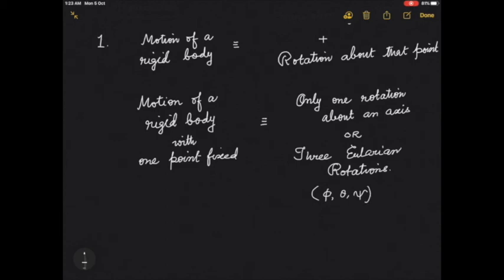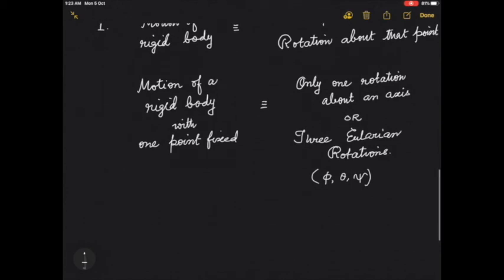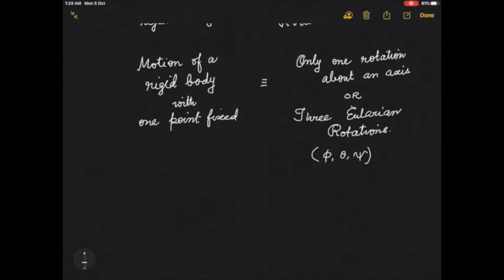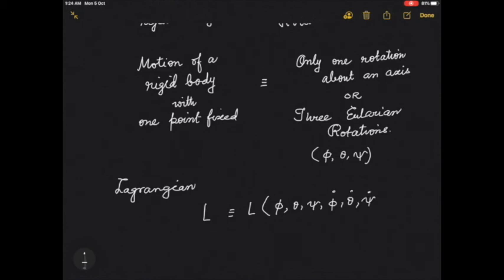So which means for our problem, which is the motion of a symmetric top with the tip of the top fixed, we can write the Lagrangian L, which is T minus V, but I can just write L as a function of phi, theta, psi, phi dot, theta dot, psi dot.